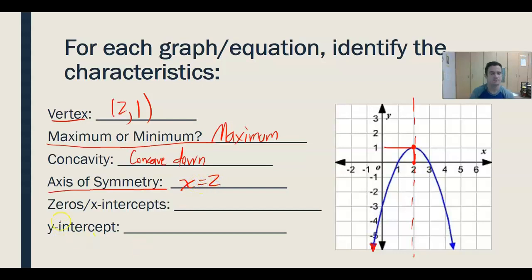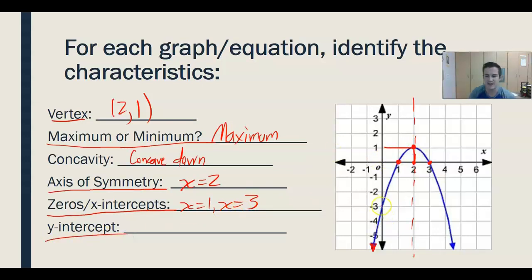Next, it asks me for the zeros, or the x-intercepts, or the solutions, or the roots, whatever you want to call them. These points right here, where I cross the x-axis, are where y is equal to 0. So at x equals 1 and x equals 3, those are my zeros, or my x-intercepts.